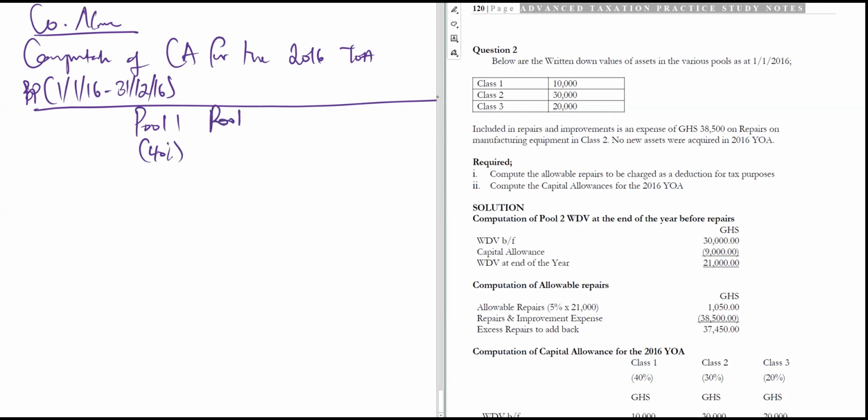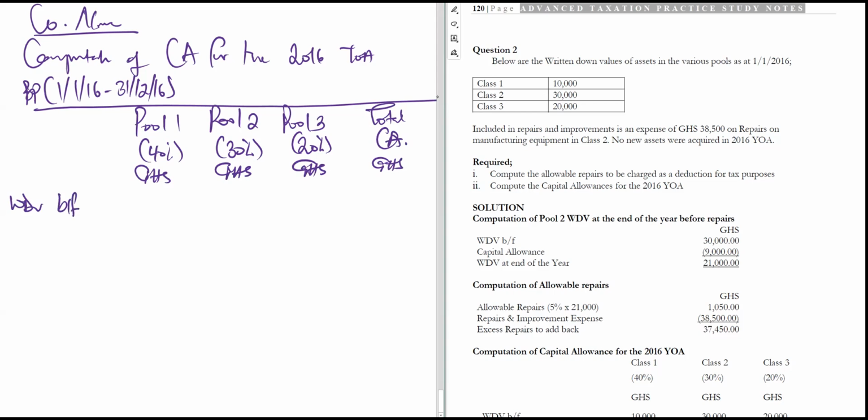We have the pool 2 being 30%. We have the pool 3 being 20%. And we have the total capital allowance, right? Okay, so we bring our written down values brought forward. We have class 1 being 10,000, class 2 being 30,000, class 3 being 20,000, right?